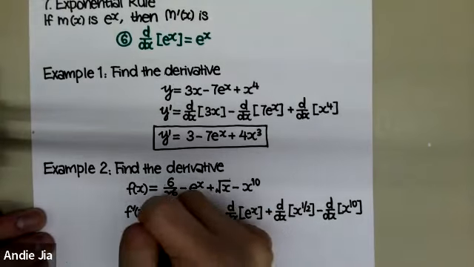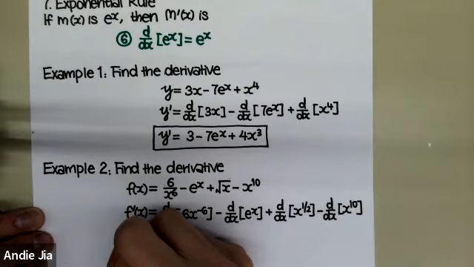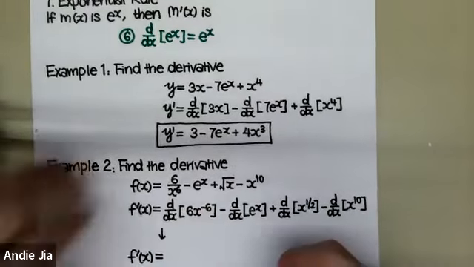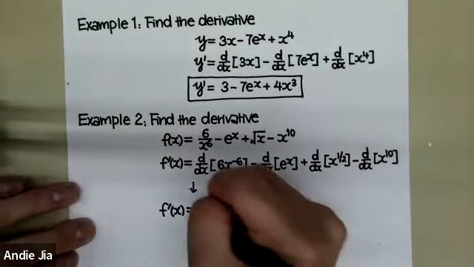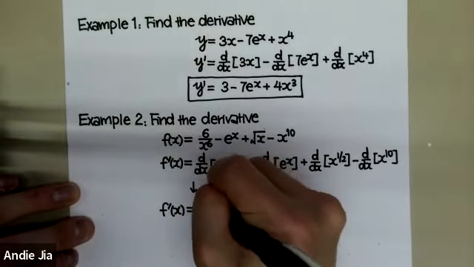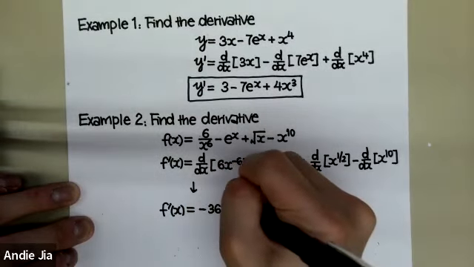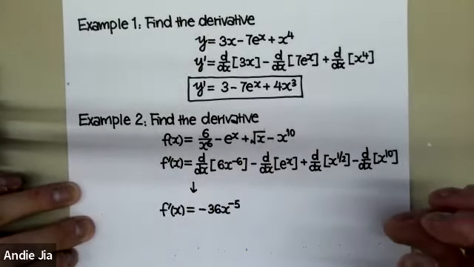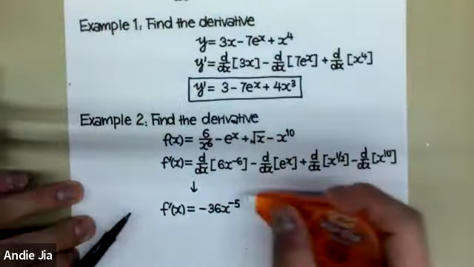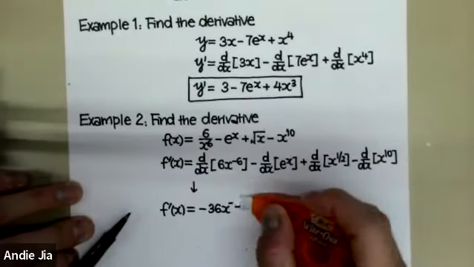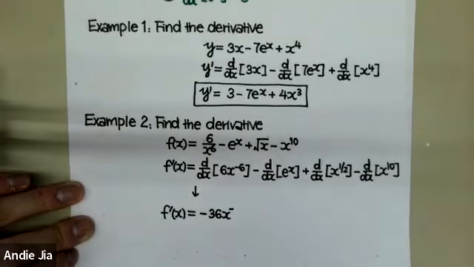So f prime of x is -36 x to the -5 or -7. Oh god. I've done lots of integrals, but I'm just going to mess it up.